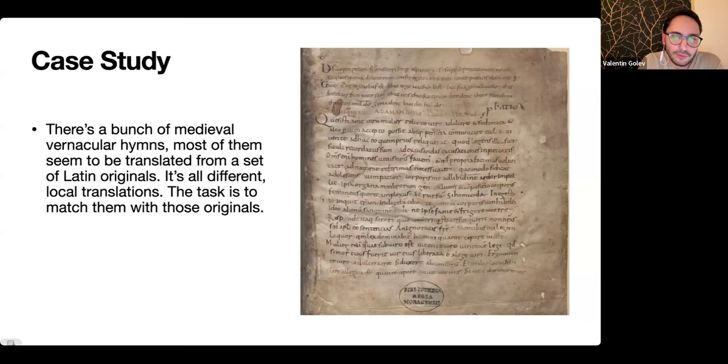There is a lot, but it is a fixed closed set of Latin texts that we can expect to be translated like this. But those vernacular texts are found in monasteries, scanned and photographed, and they're all in German, and you have to match them to a Latin original.